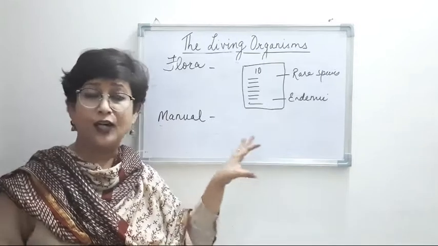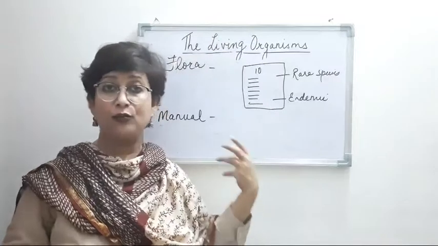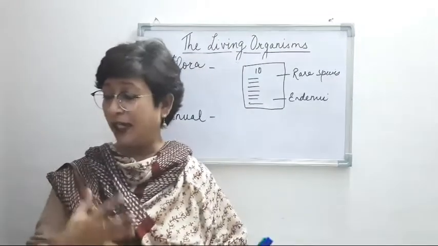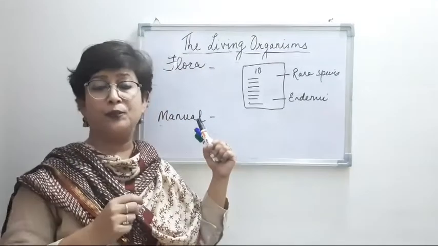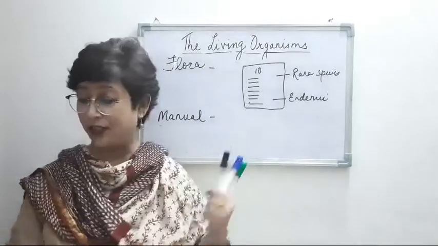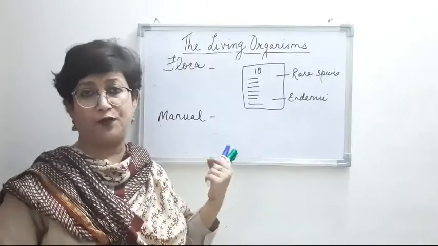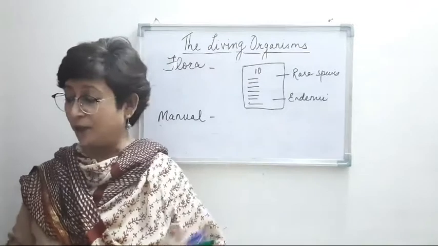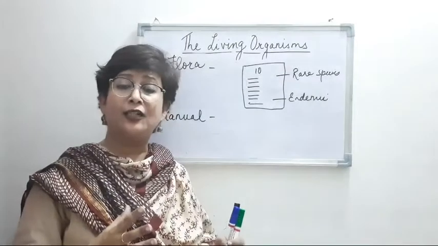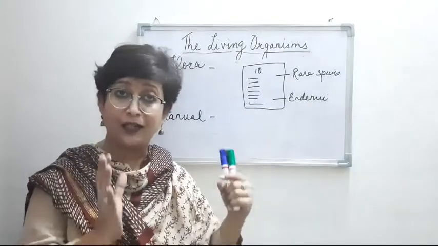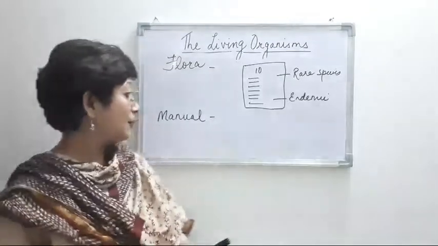So it is a kind of guide where the scientist can go through that guide, and according to that he will be able to classify. The basic but important characteristics are mentioned in the manual, right? So it contains basic but necessary information about a particular plant or an animal, with the help of which that plant or animal can be categorized or can be grouped into a particular taxon, right? So that's about the manual.